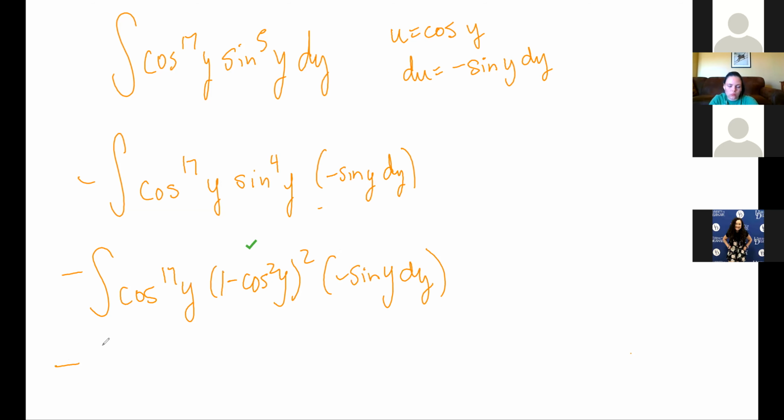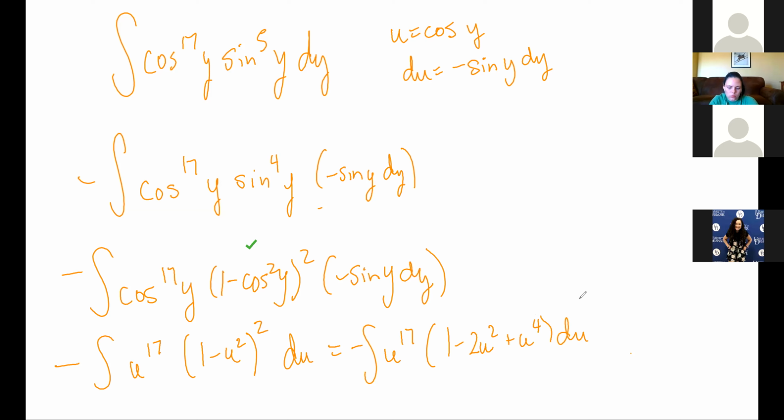And so at this point, I have u to the 17th times 1 minus u squared all squared du. Multiply out that binomial, then distribute the u to the 17th.